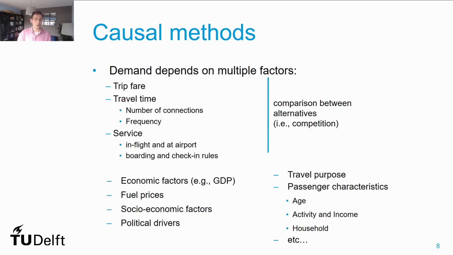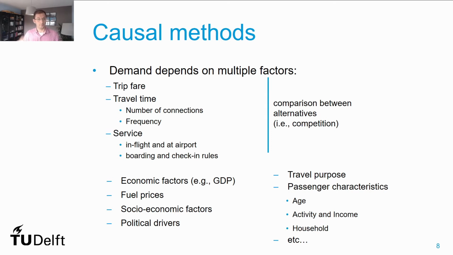So it is fair to assume that these factors like GDP can influence demand. And there are many factors that can influence demand, like the fare of the ticket that you are buying, the travel time that will take you to go from your origin to destination, the type of service.